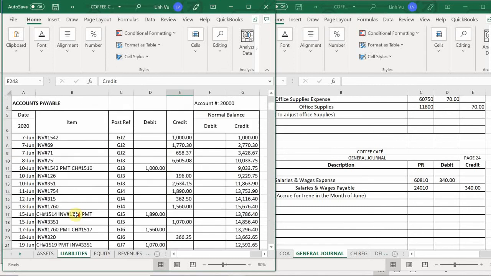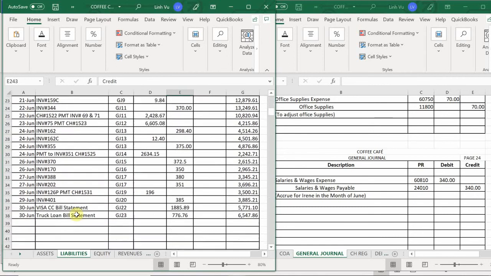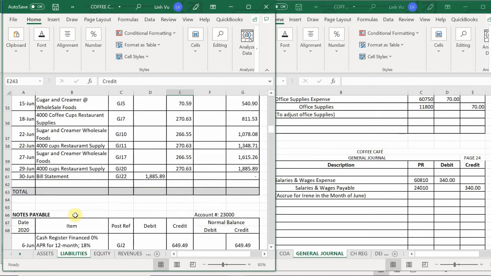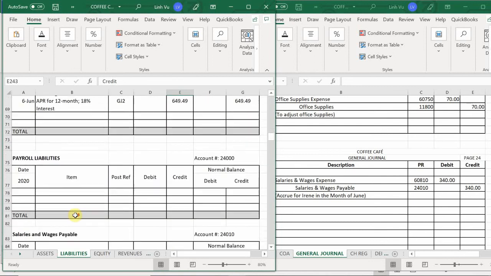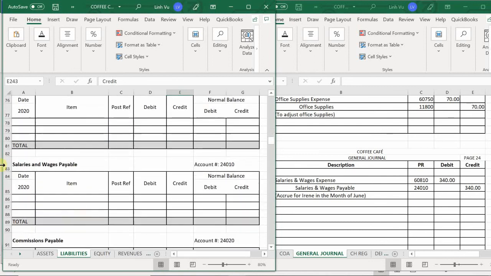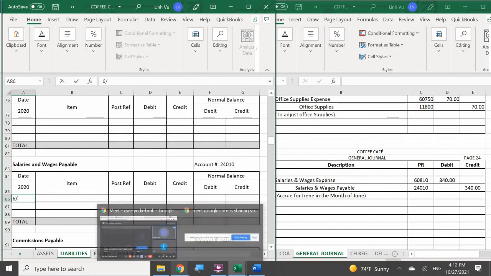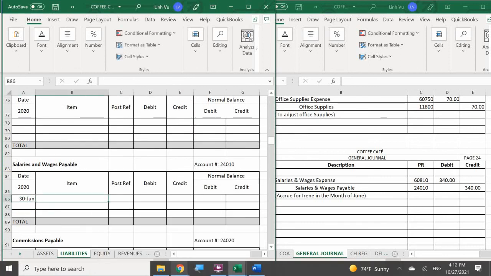That's the expenses, salaries and wages, and salaries and wages payable right here. Go, Irene, wage.